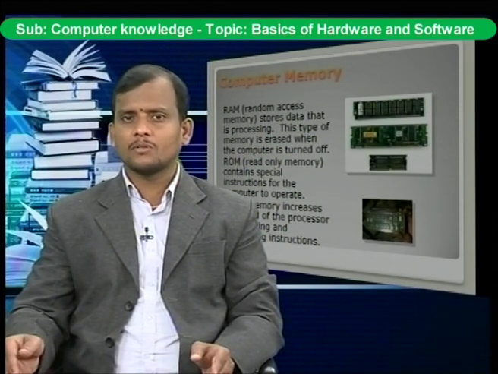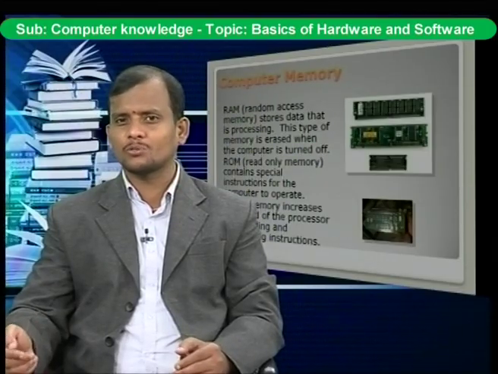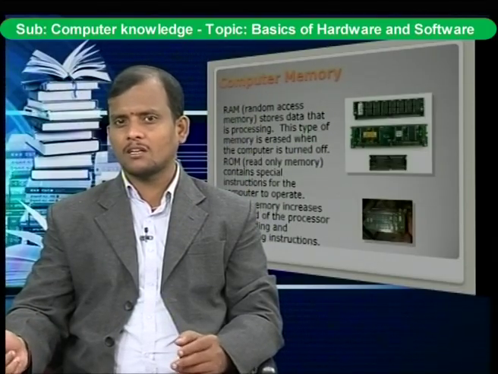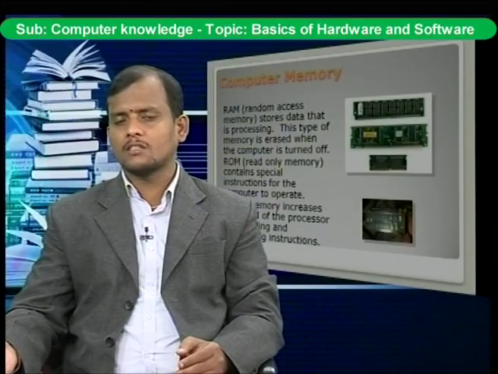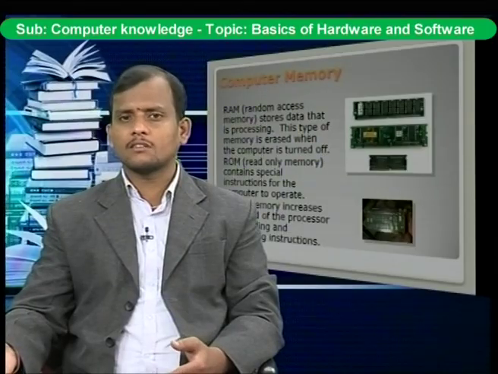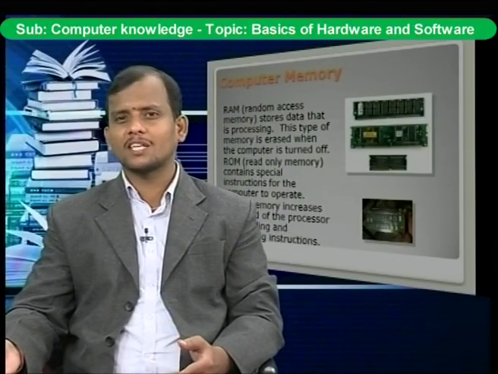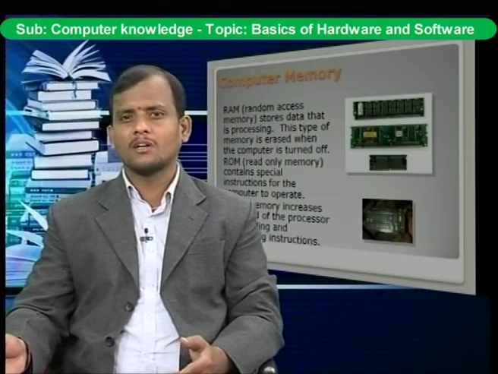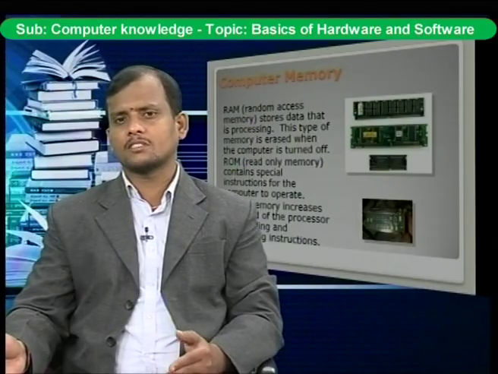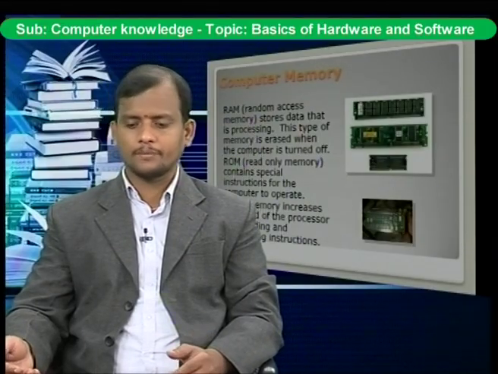So in the keyboard you have some memory which stores A, and if you press B, it stores B. That is also called cache memory, a very, very temporary memory. This temporary memory exists till your system is on, till the process exists.